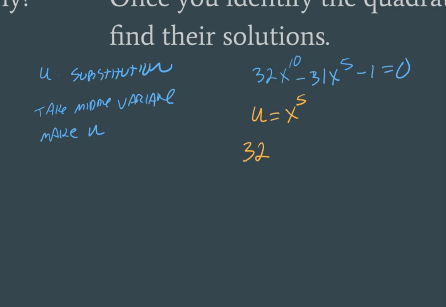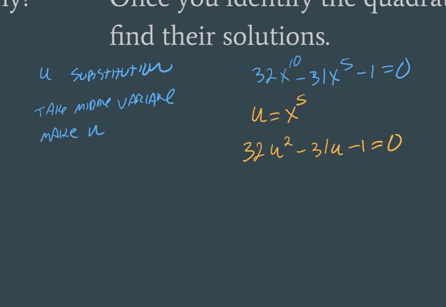So we're going to be left with 32u squared minus 31u minus 1 equals 0. Now it's a quadratic equation, and it's a simple matter of using one of the methods we've looked at, be that the quadratic formula, completing the square, factorizing, or the calculator method, to solve the quadratic equation.